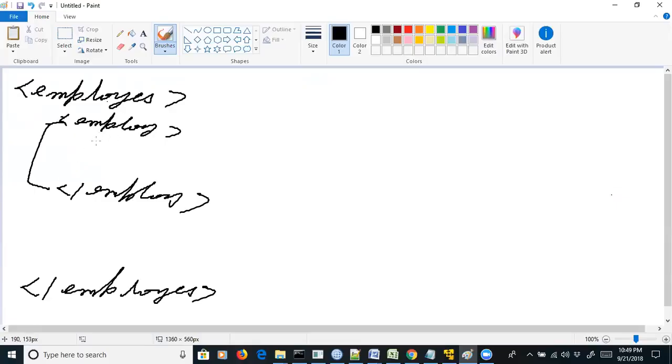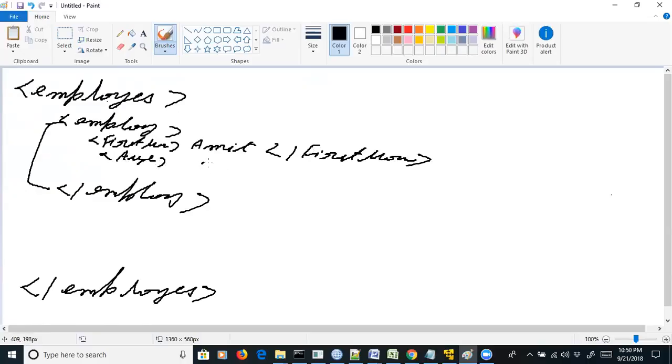Now inside this employee tag, you will have first name. First name is, say suppose, Amit, right? Then you will have age, 35. Then you will have something like that, right? So suppose last name. This is Chauhan.